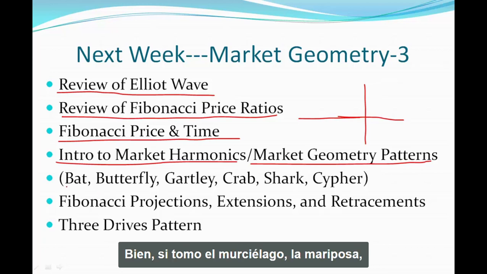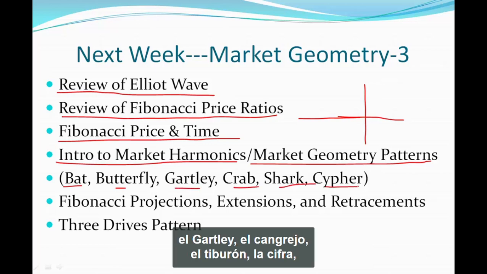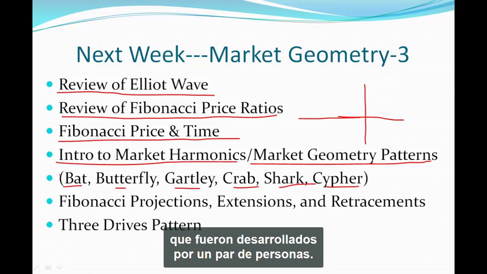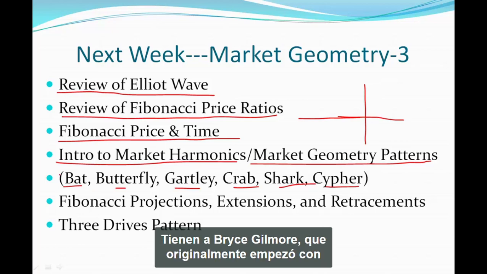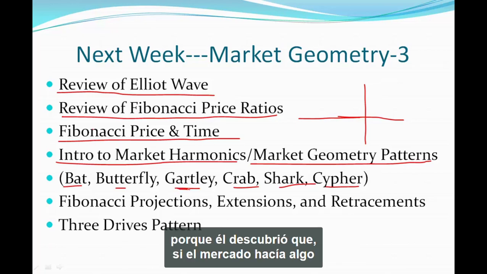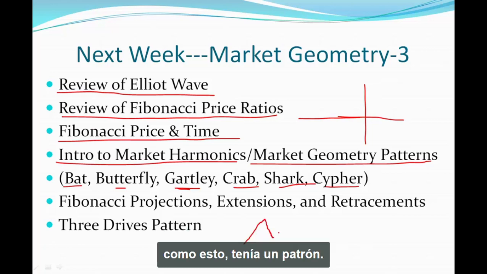All right, so if I take the bat, the butterfly, the Gartley, the crab, the shark, the cipher, these are all what they call harmonic patterns that were developed by a couple of people. You have Bryce Gilmore. Originally it started with H.M. Gartley in a book he had, and in that book it was page 222. So they called that the Gartley pattern because he figured that if the market did something like this, it had a pattern.